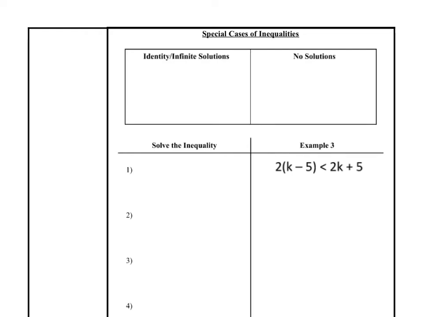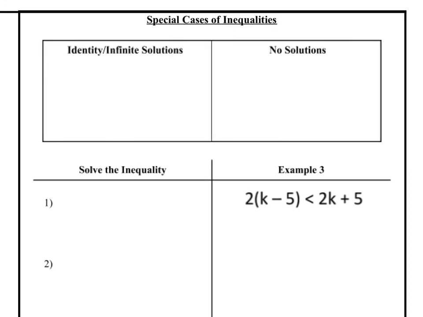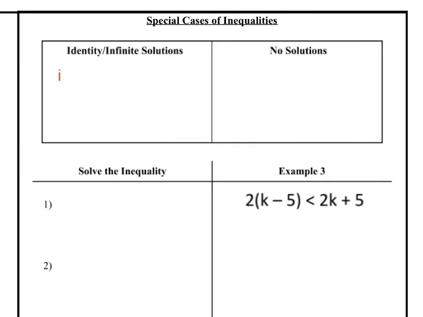Onto the back, we're talking about special cases of inequalities. This is the same kind of thing as when we had equations. If you get something at the end that's true, like does it work? Let's say 3 is less than 5. That's true. There we go.